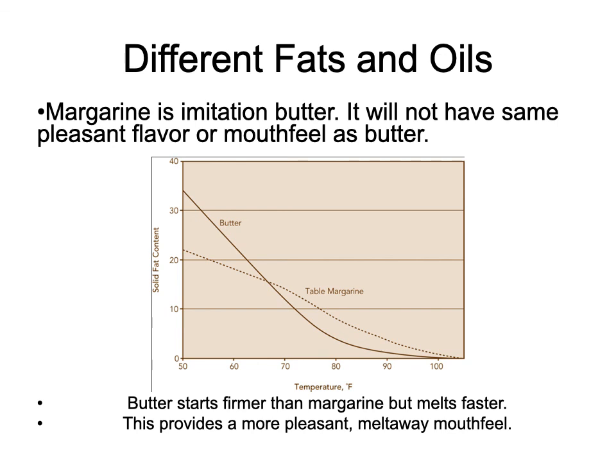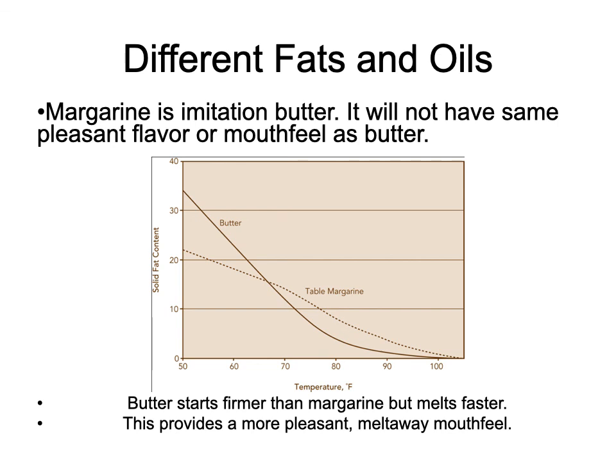So what this chart shows is the melting point on a graph. It shows basically going from 50 to 100 degrees Fahrenheit, and how many relative solids are left in the fat at a given temperature. And you can see table margarine, which is made mostly of shortening.